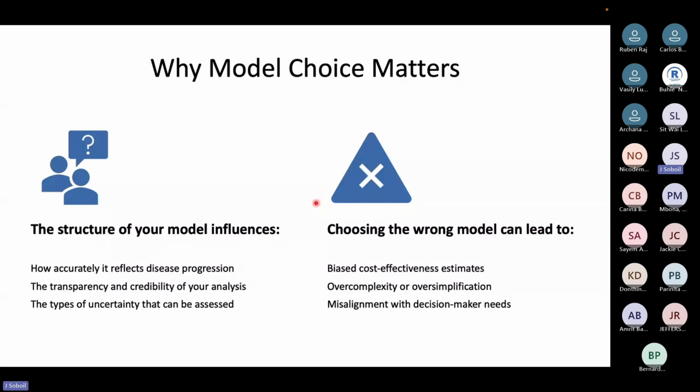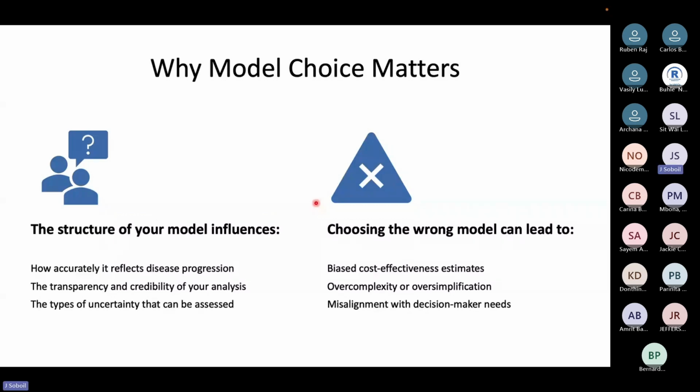So based on that, choosing the wrong model can often lead to biased cost effectiveness estimates. And this is a big problem if you're actually trying to show the true cost effectiveness of a product. If as health economists, or if you're interested in this field, you develop a biased cost effectiveness model that doesn't accurately reflect an innovative product, for example, it can often lead to negative or non-recommendations from HTA decision makers.